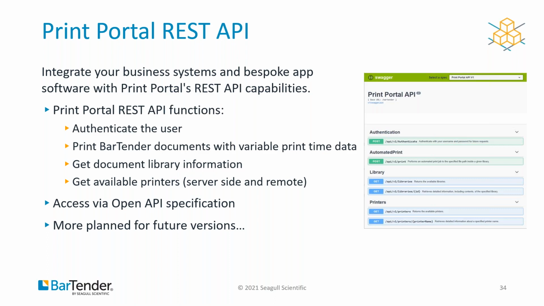Also, of course, it's useful for the software or system to get a list of the available documents that are usable on the Print Portal server, and also the available printers. And this includes server-side located printers, but particularly for internet printing, the remote on-premise printers.